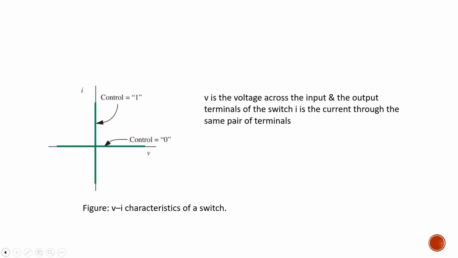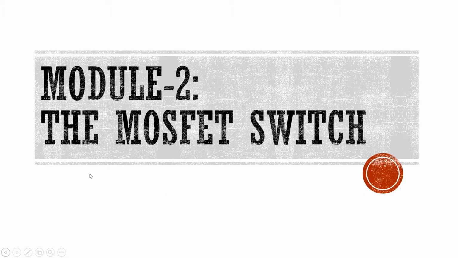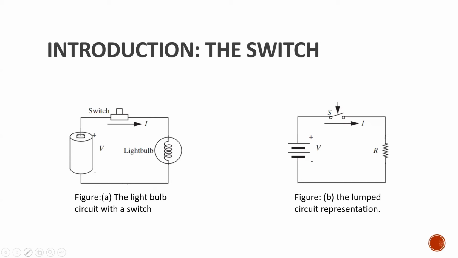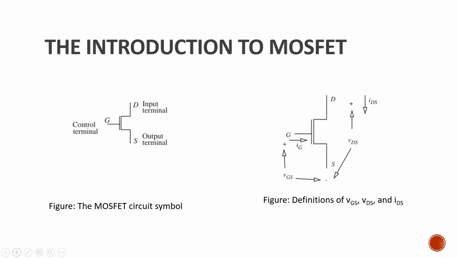Okay, team. Actually, we are at module 2, the MOSFET switch. In the previous session, we discussed the S model: what the basic switch operation is and how it operates, what the VI characteristics are, and then we introduced the MOSFET.